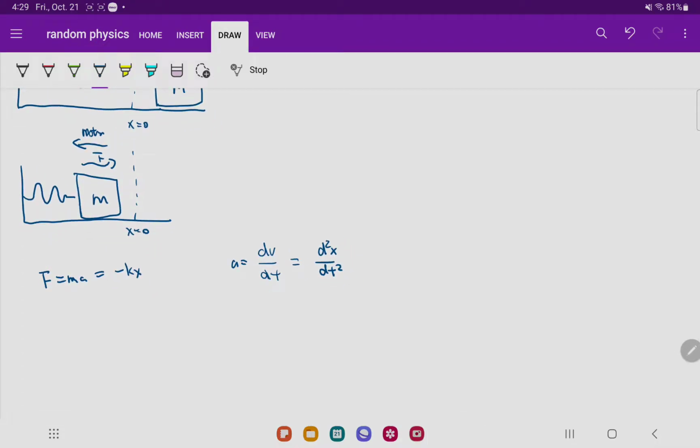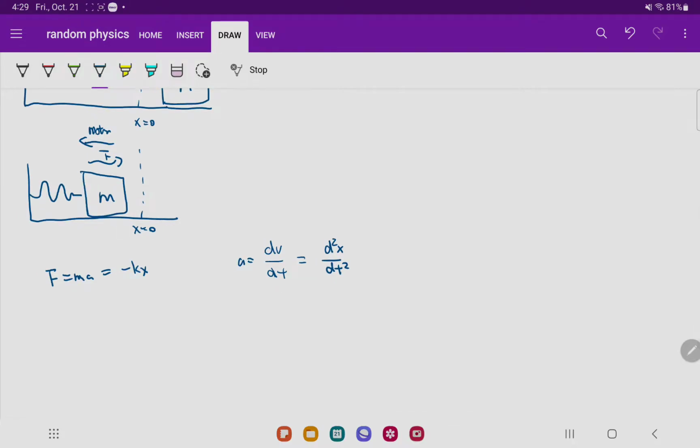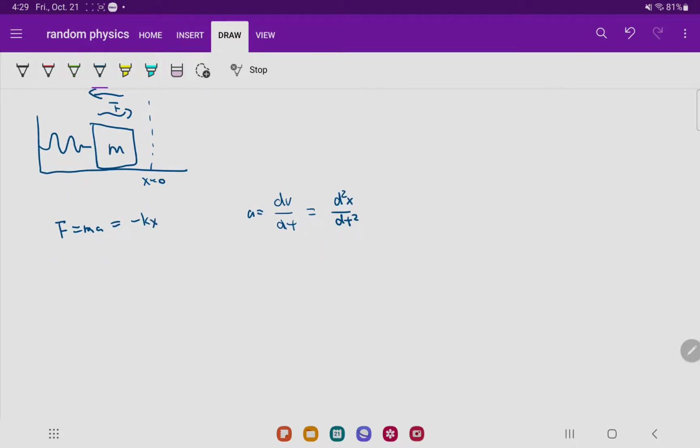We define velocity to be the change in position, and acceleration to be the change in velocity. So it's reasonable to say that acceleration is dv/dt, so we can write a as the second derivative of x over dt squared.